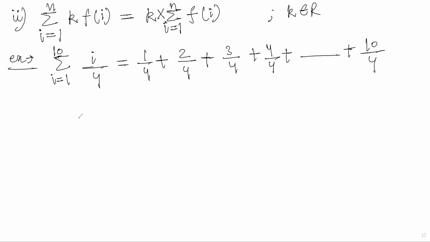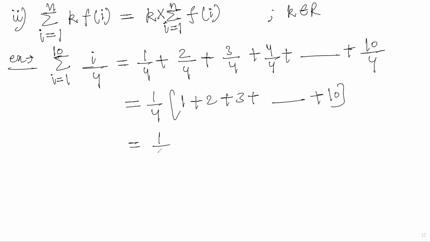You can take 1 by 4 common from all these terms. So this will be 1 plus 2 plus 3, similarly up to 10. Now this is nothing but 1 by 4 sigma i from 1 to 10. If you expand this, you get 1 plus 2 plus 3 plus 4 up to 10, the sum of the first 10 natural numbers.